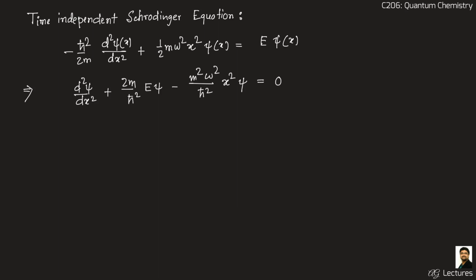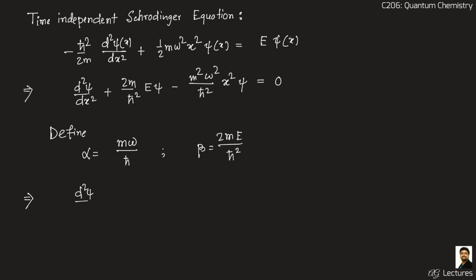And to solve this, the first step would be that we'll be defining two quantities alpha and beta this way. So let's define alpha is equal to m omega over h bar, and beta we define to be 2 m E over h bar square. And if we just use this alpha and beta, the equation takes this particular form.